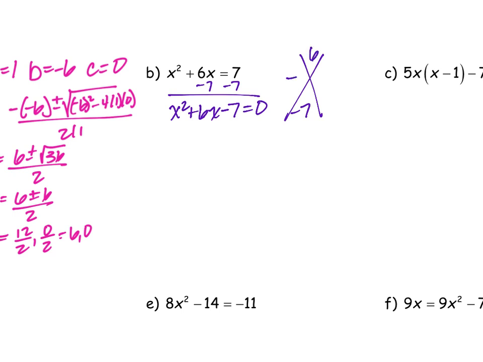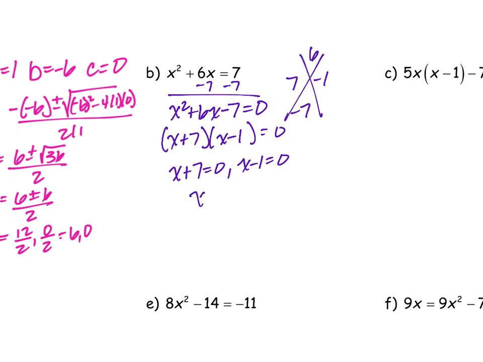Well, that's 7 and -1. So x plus 7 and x minus 1. So x plus 7 equals 0, or x minus 1 equals 0. So x is going to equal -7 and +1.